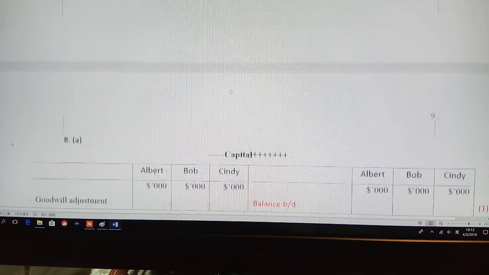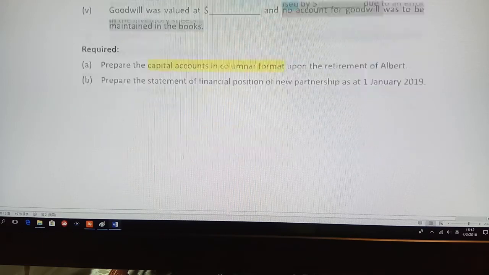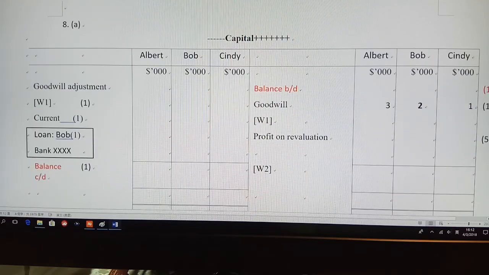And because the question told us that there would not be a goodwill account anymore, we will adjust the goodwill account by reducing the amount of goodwill. But remember right here, we do not have Albert. But we make use of the ratio. How about the ratio? The ratio was 2 to 1, right? 2 to 1 to share the goodwill here.